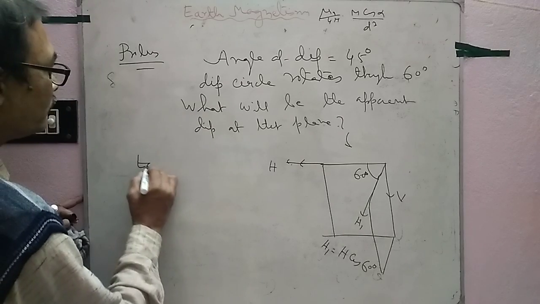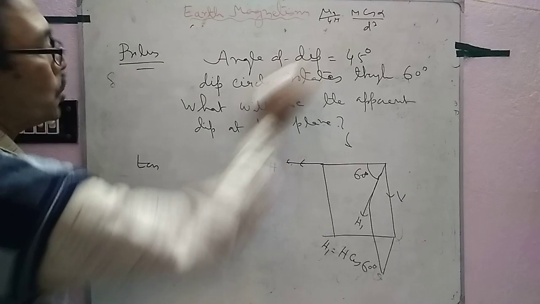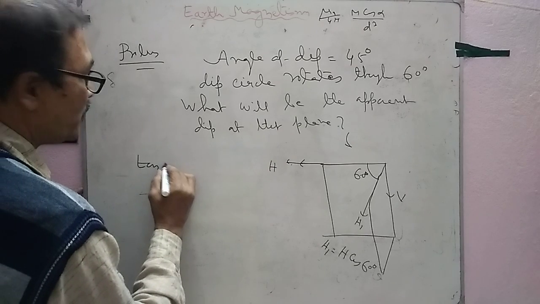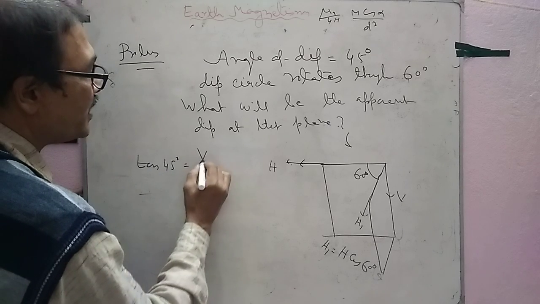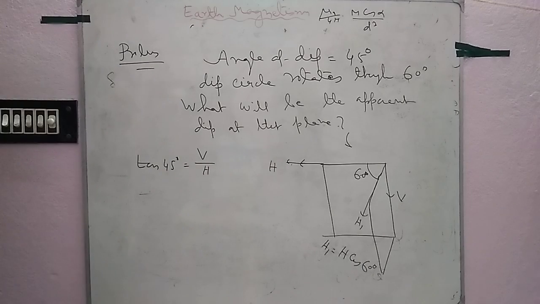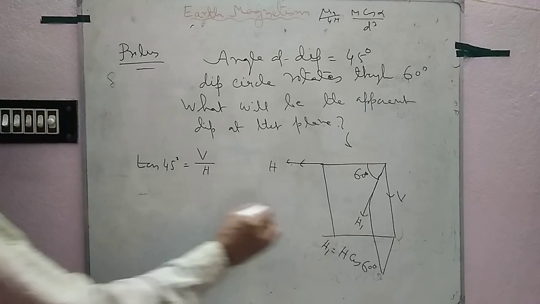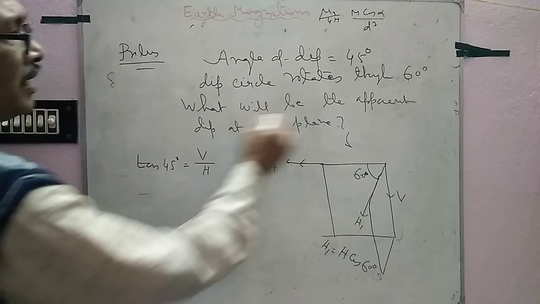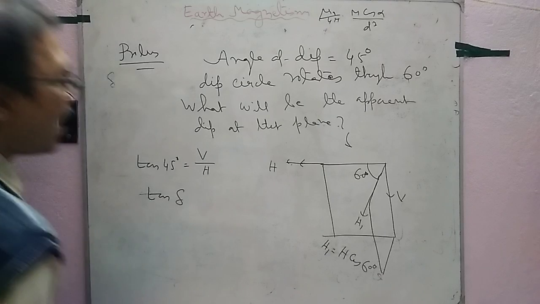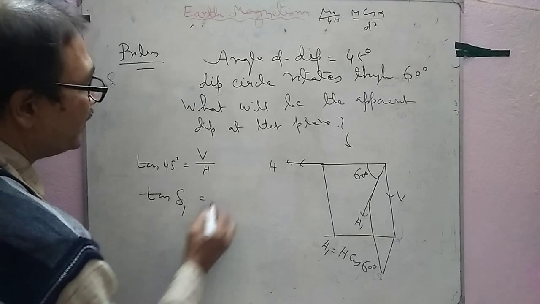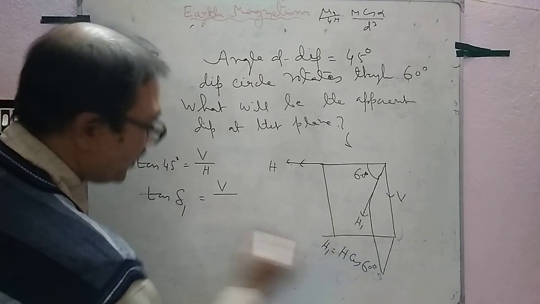So tan 45 degree equal to V by H. Okay, tan 45 degree equal to V by H. From here, and in this, what is the angle of dip? If the apparent angle sigma 1, then tan sigma 1 equal to V by H1.